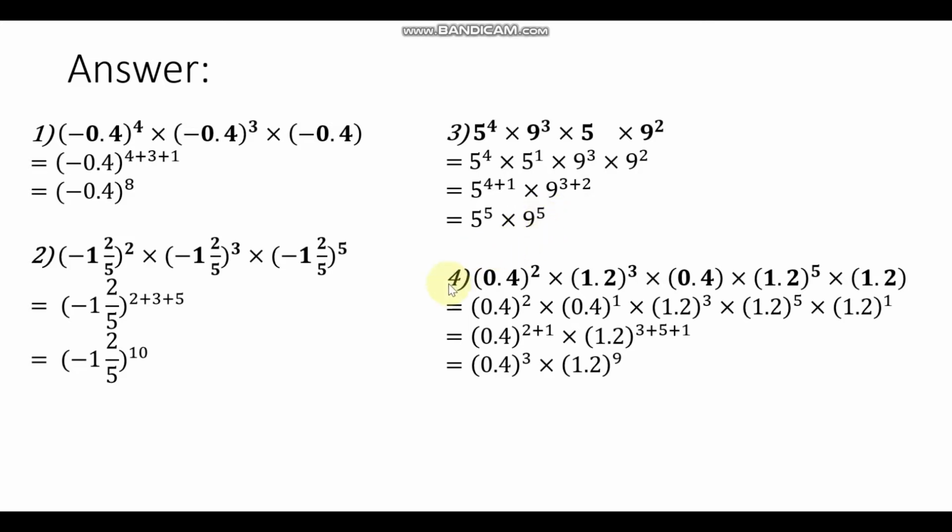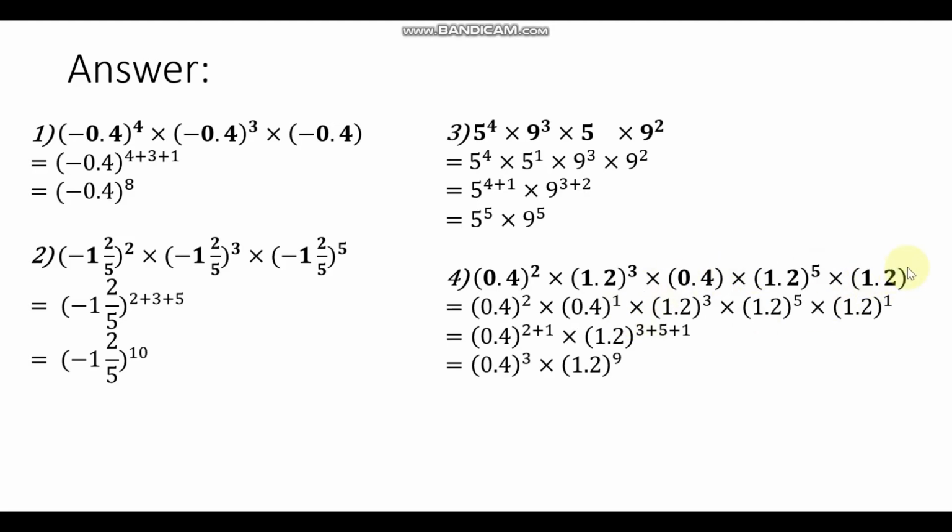For question 4, the last question, we also have two different bases, which are 0.4 and 1.2. And please note that this 0.4 doesn't have a value of index, so we have to put 1, and also the same with this one.